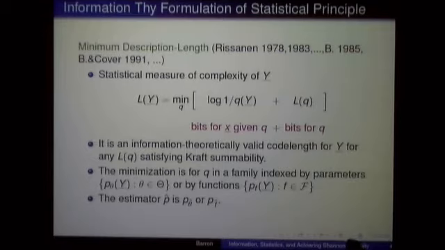It just has to be Kraft summable. And then once Q is described, I use log 1 over Q of y bits to tell you y. And, well, as long as I'm doing that, why not find the best such? Any Q would give me a valid such code. We'll find the best such, at some Q hat or P hat, we'll call it, that achieves that minimum.